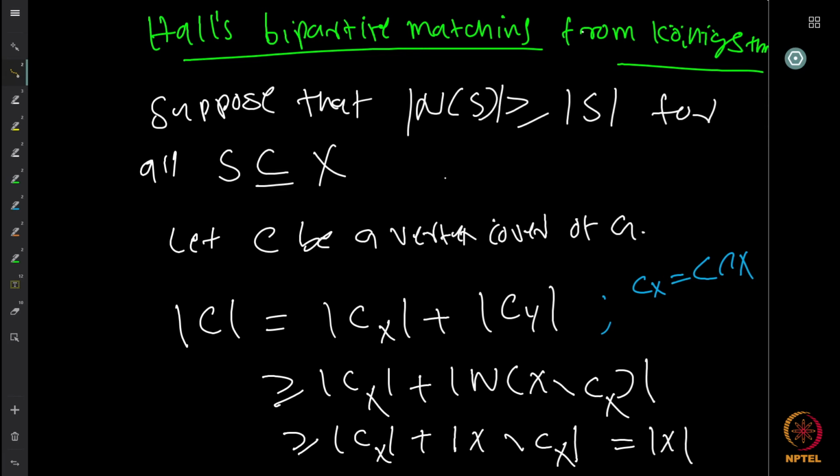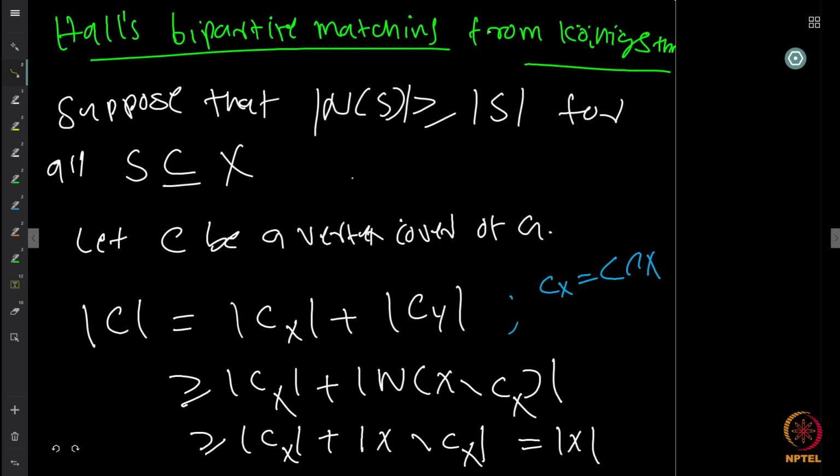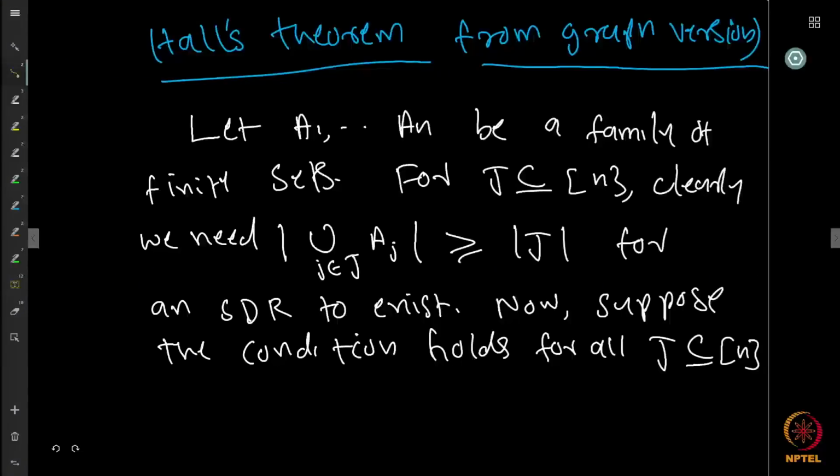Which means that the covering has at least this many vertices in the graph. Now, from this, Hall's theorem follows.